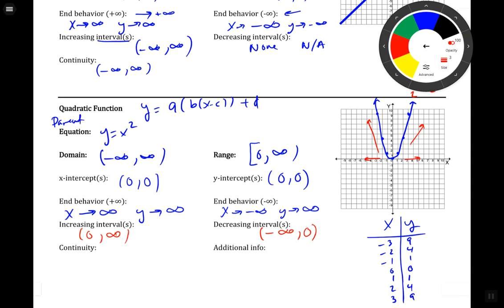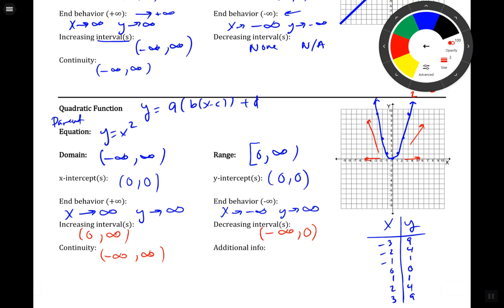Are there any asymptotes? Are there any jumps? Nope. Then it's continuous over the whole interval, all real numbers. And how do we write that now? Because y'all were just writing down all real numbers, and your Algebra 2 teachers were so happy you could even say that, and I want more. I need you to write it as negative infinity to infinity. Got it? Okay.